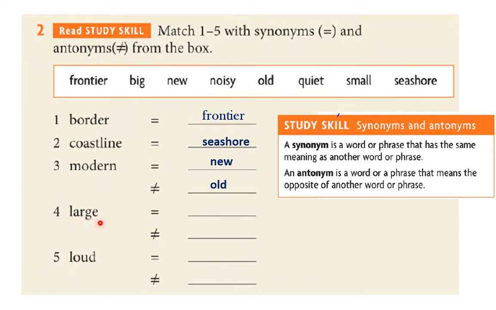Large has the same meaning as big and the opposite meaning of small. Loud has the same meaning as noisy and the opposite meaning of quiet.